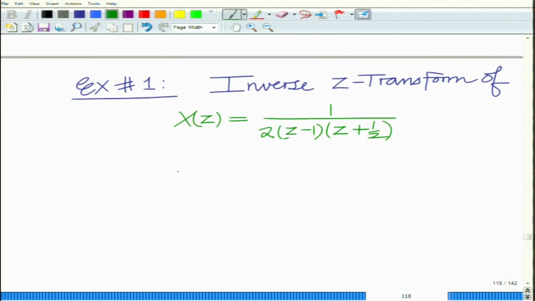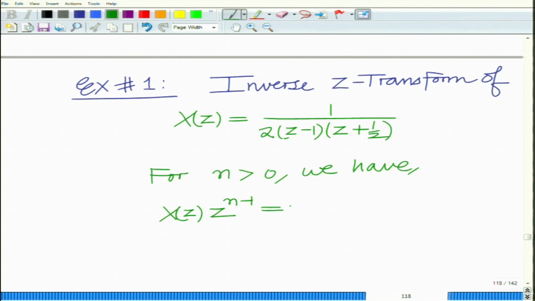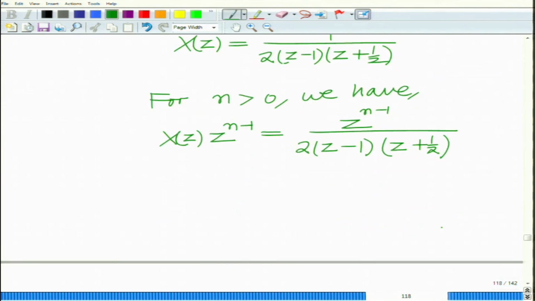Now, for n greater than 0, we have X(z) into z raised to n minus 1 equals z raised to n minus 1 divided by (2z minus 1) into (z plus half). Now, the poles are at z equal to 1, z equal to minus half, z equal to 1 comma minus half.